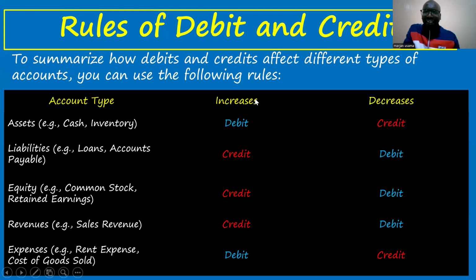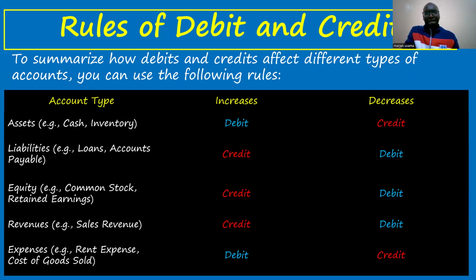Now, this is a summary. This table is very important because in an exam, you can be asked about this table and the effects it has, what it does to the debit and what it does to the credit. So the rules of debits and credits: to summarize how debits and credits affect different types of accounts, you can use the following rules.